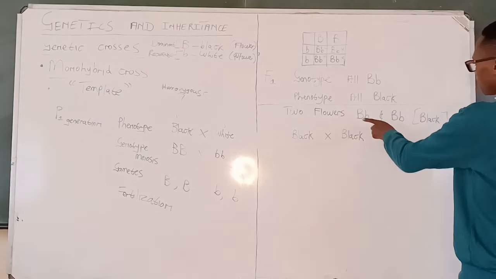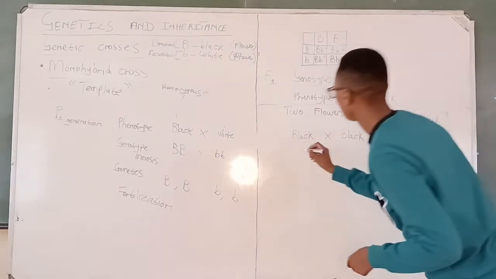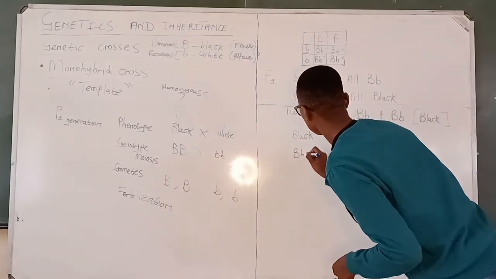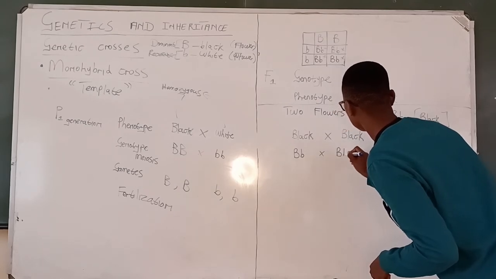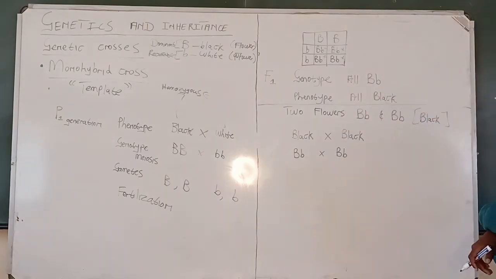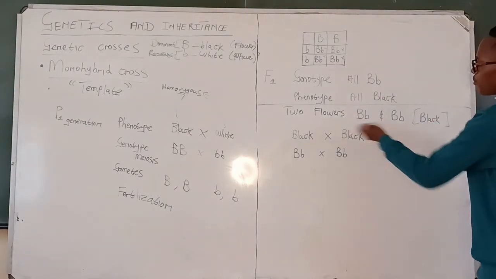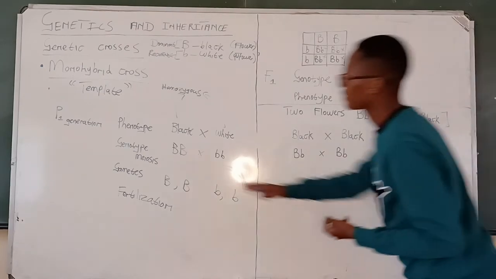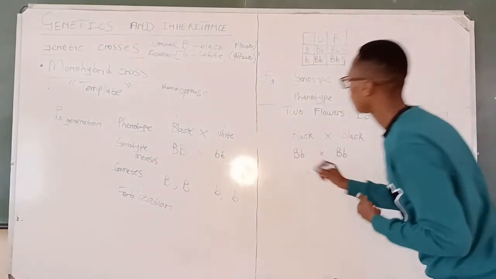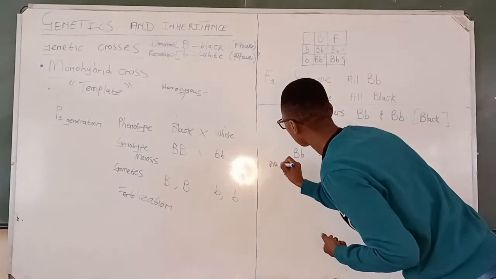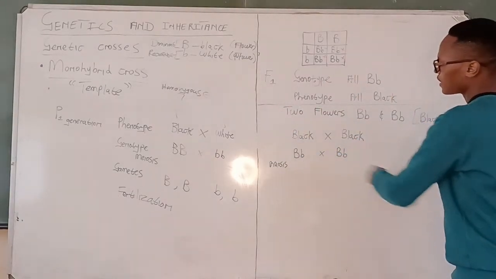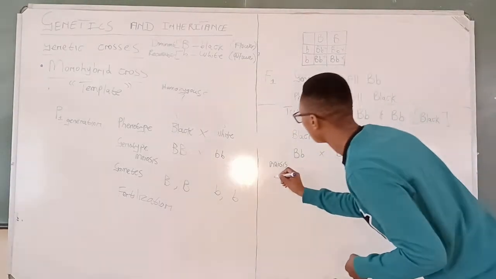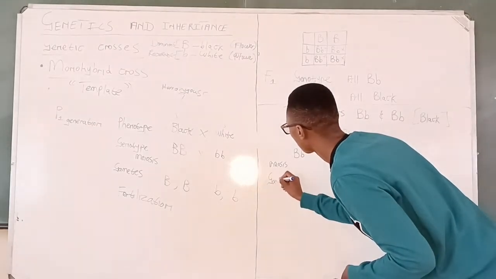What is the genotype? Here is the genotype. It is Bb crossed with Bb. Then after genotype, what comes? It is meiosis. So now meiosis is going to occur. Why does meiosis occur? It forms the gametes. So it means that meiosis has to form the gametes.